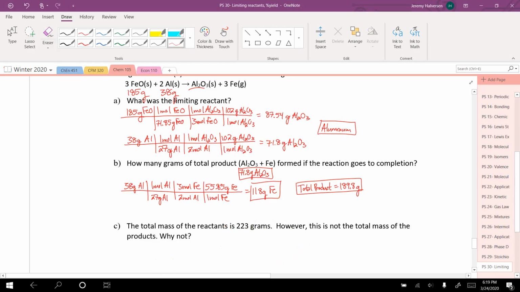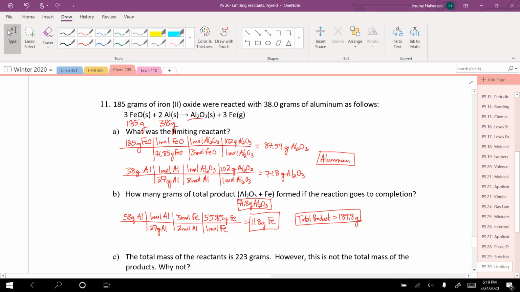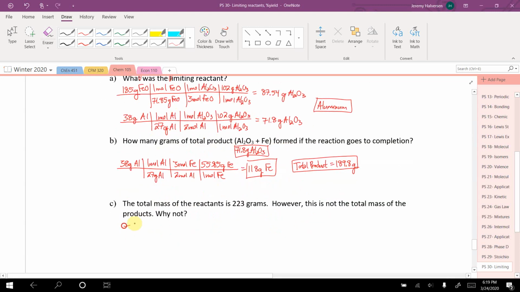Okay, because if aluminum was my limiting reactant, it ran out, so these 38 grams got completely turned into products. But my FeO did not run out. So at the beginning of the day, you've got 223 grams, and it's all aluminum and iron oxide. At the end of the day, you're still going to have 223 grams. You're going to have 189.8 grams of this stuff, and the rest of it's going to be iron oxide that was left over.